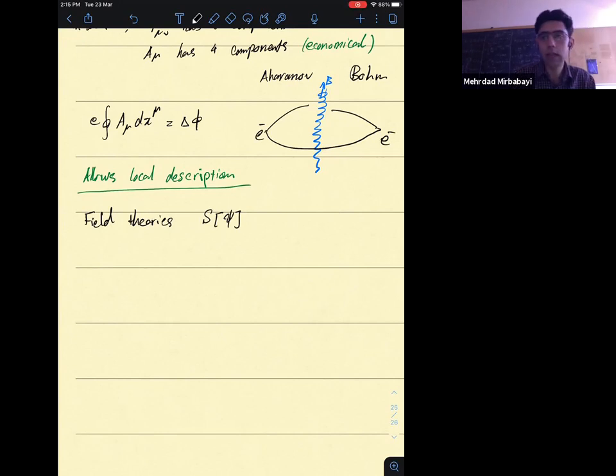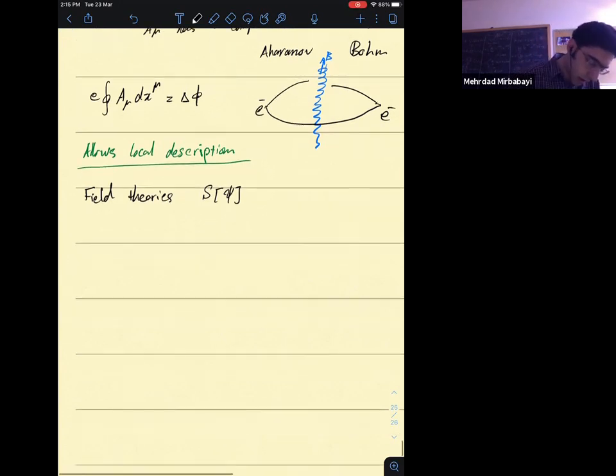Now, if we have fields that are charged under electromagnetism, then if we want to also give a variational description for this theory for the electromagnetic field and charged fields, then we need to use the vector potential.